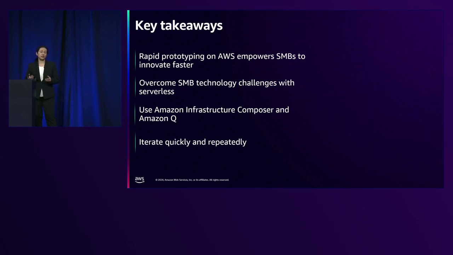Reduce cost with the pay-as-you-go pricing model. Use AWS Infrastructure Composer and Amazon Q Developer to quickly shape your idea and bring it to market. Iterate quickly and repeatedly to improve your solution over time. Use an agile iterative approach, create your prototype and get feedback, and refine your ideas.